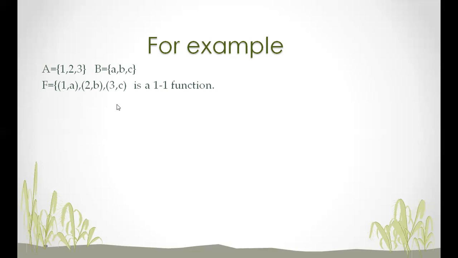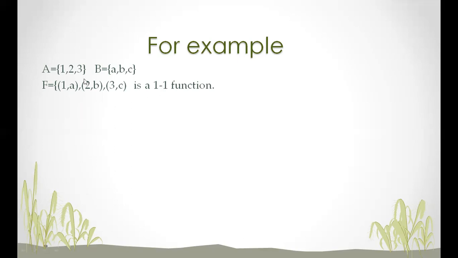Why do we say it is a one-one function? In a one-one function, different elements have different images, meaning images are also unique. You see here the images a, b, c are unique. So it is a one-one function.